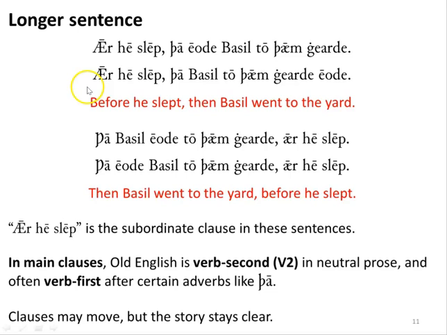Or you can have Tha Basil ģearde told tham ģearde. He sleep. Then Basil went to the yard before he slept. Here we're emphasizing the fact he slept, then he went to the yard. But here the main focus of the sentence is Basil went to the yard before he slept.